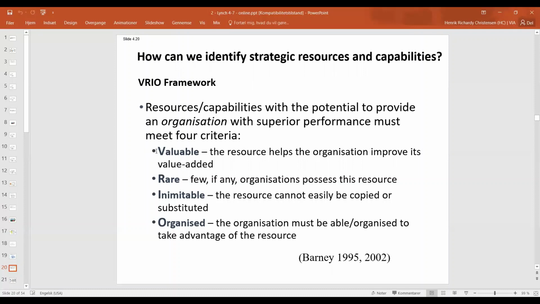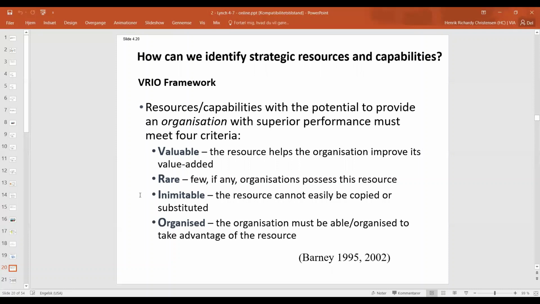Yes, maybe, but it might not be that valuable. Is it rare? No. Is it inimitable? No. Is it organized? Yes, probably you might be good at using it. So you can organize the resource into your business, but others might actually be able to do the same. So valuable, rare, inimitable, and organized are the criteria that our resources should meet.